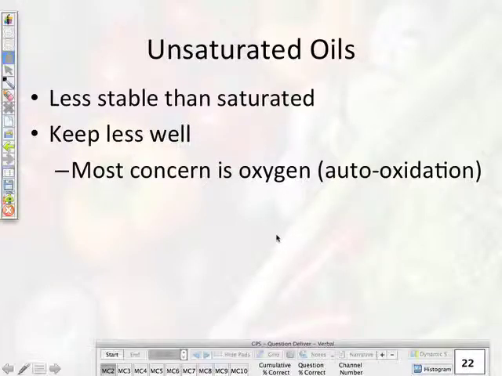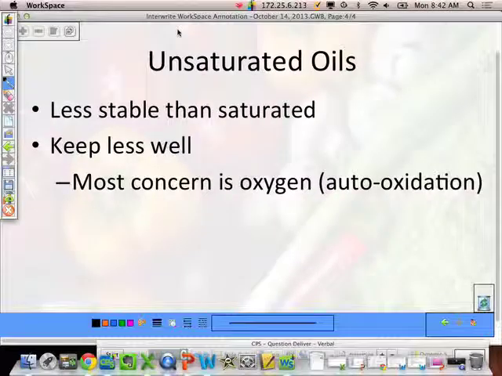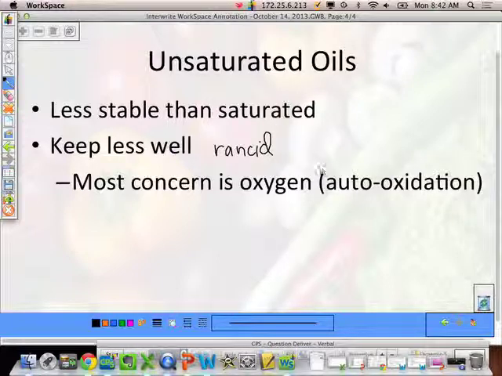The biggest concern is autooxidation. Oxygen around it reacting and breaking those double bonds. And at this point it becomes rancid. We get odors and flavors that we're not expecting.